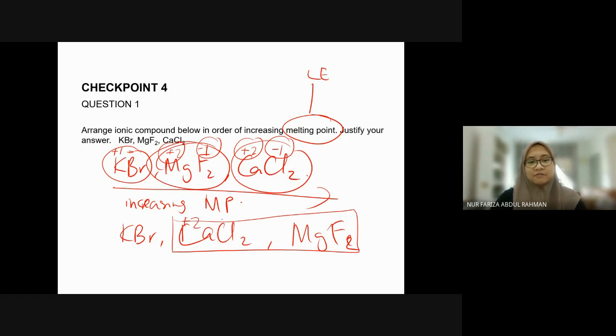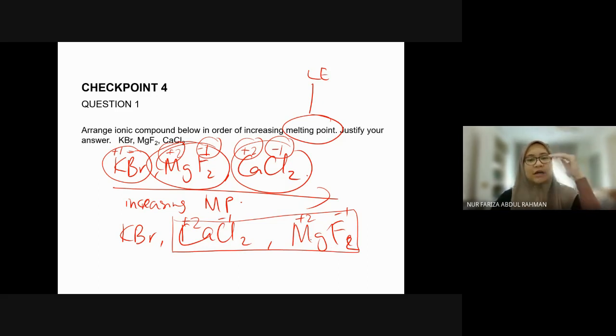Okay, this is positive 2, this is negative 1, this is positive 2, this is negative 1. So charge is not significant. Charge is no longer the solid reason why the melting point for magnesium fluoride is the highest. So we need to discuss in terms of size.